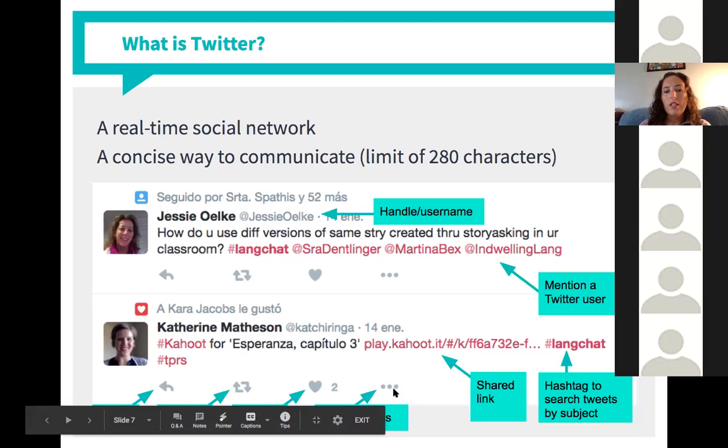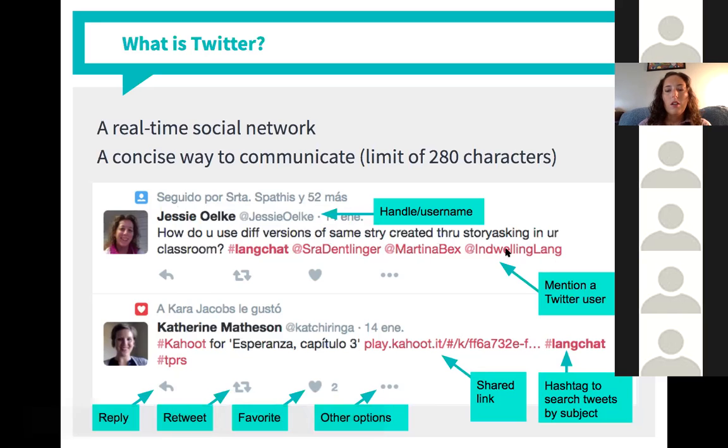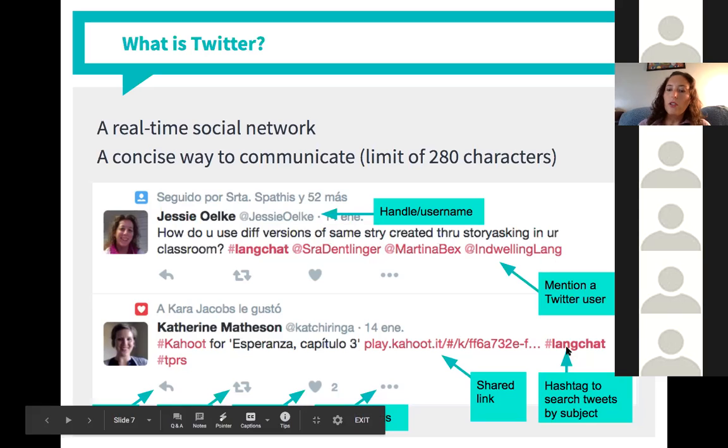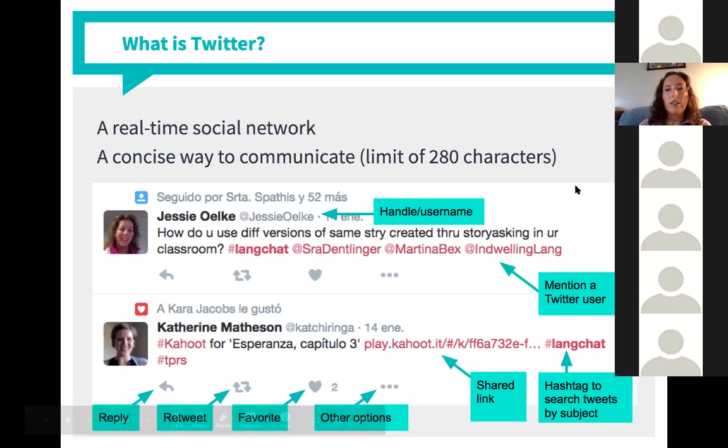You can favorite things. The 3 dots always has more information. Anything that is red, you can click on. So you can click on the person's handle and go to the profile. You can click on the hashtag to search other tweets with the same hashtag, shared links, anything like that.